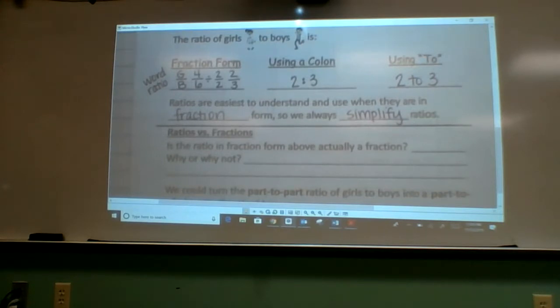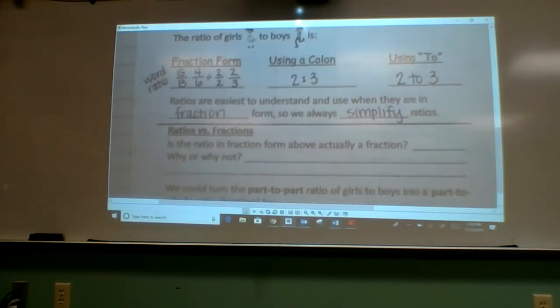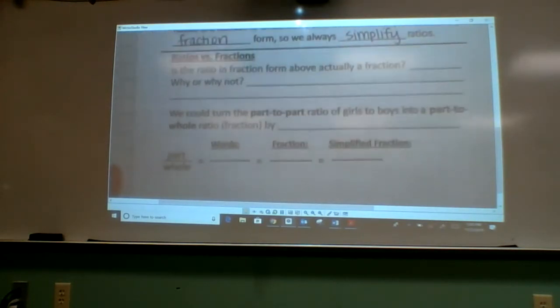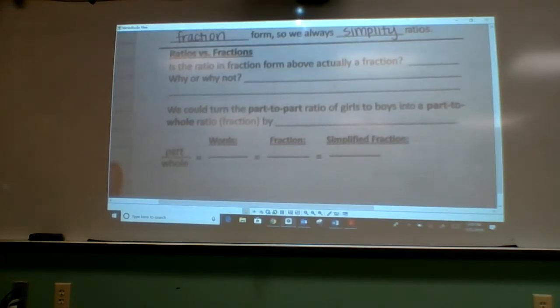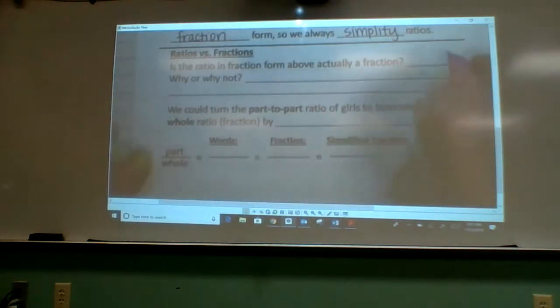All right, so I mentioned that ratios can be in fraction form, but they're not always fractions. Let's talk about why. Is the ratio in fraction form above actually a fraction? When we're comparing girls to boys, that is not actually a fraction.